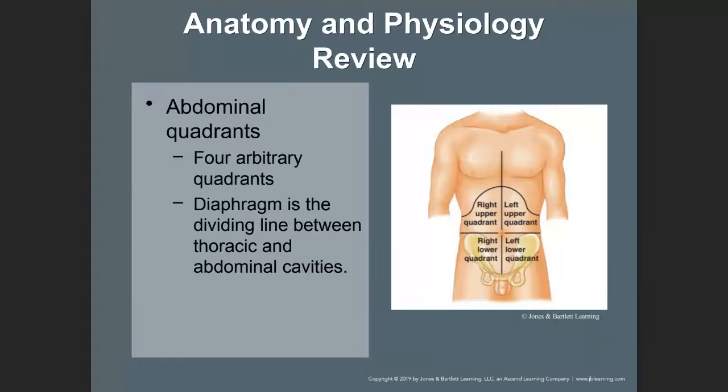Let's review the anatomy and physiology. Abdominal quadrants: four arbitrary quadrants. The diaphragm is the dividing line between the thorax and the abdominal cavities.